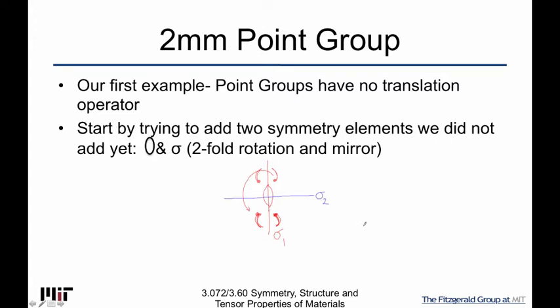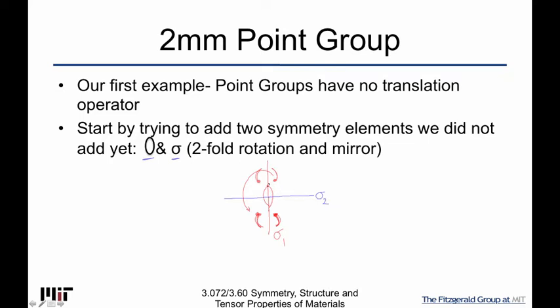And so there's actually a mirror plane that's induced when I put these two things together that we'll call sigma 2. So when you combine a twofold axis and a mirror plane, you get another mirror plane which is perpendicular to it automatically. So this is what I was talking about before, an induced symmetry, because we didn't create it.